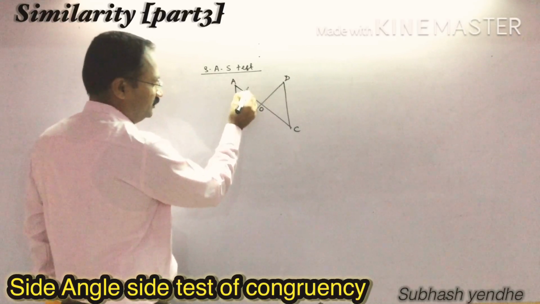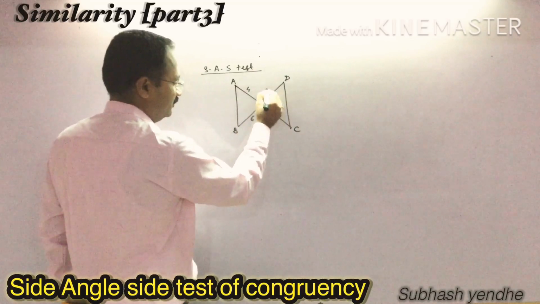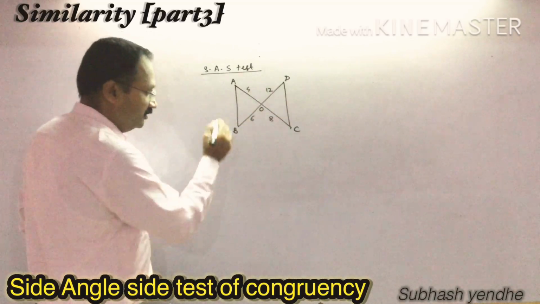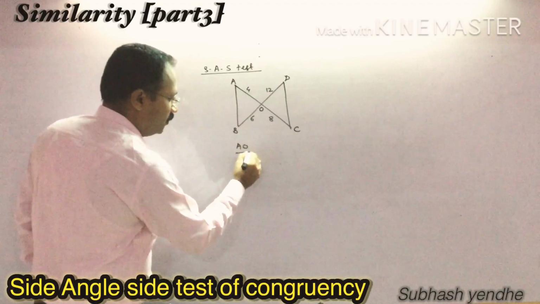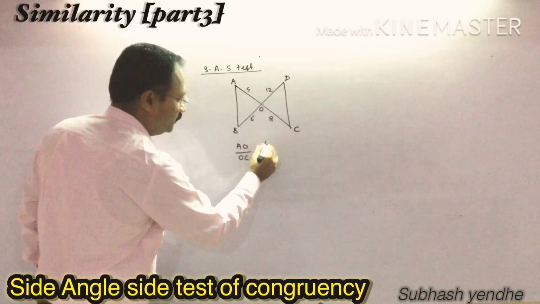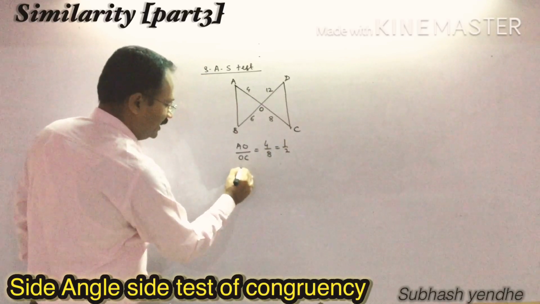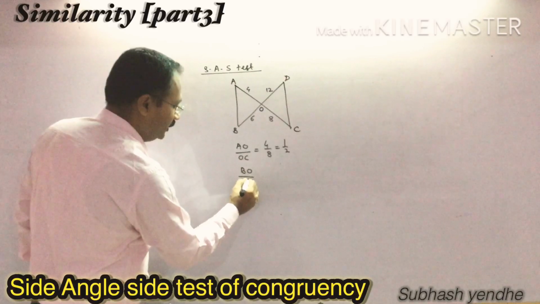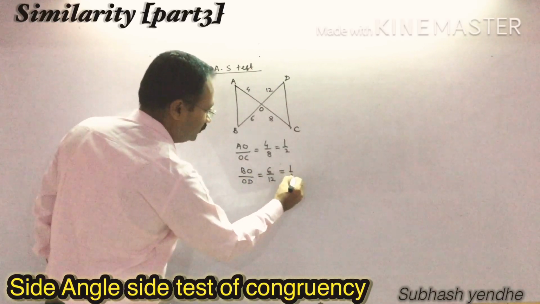In this one, this is given 4, this is given 8, this is given 6, this is given 12. See this. In this figure, AO upon OC equals 4 upon 8 equals 1 upon 2. Then BO upon OD equals 6 upon 12. You will get 1 upon 2.